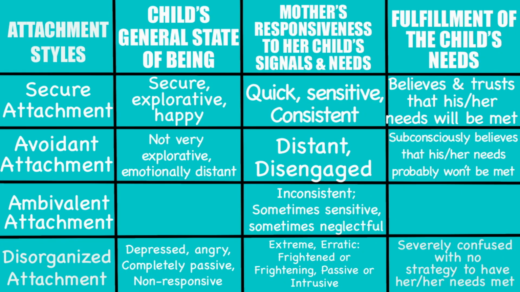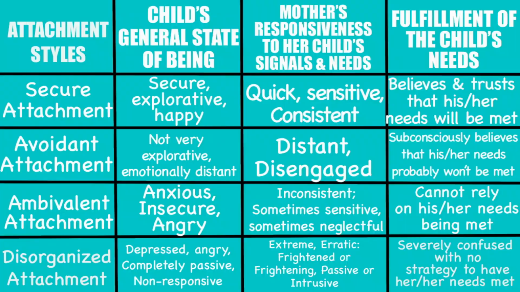Finally, with the ambivalent attachment children, they are, like I said, kind of in between the secure attachment and avoidant attachment. It's because the parents of ambivalent attachment children are inconsistent. So sometimes, like the secure attachment, they are there for their child and their needs get met. But then sometimes they are like the avoidant attachment children's parents.